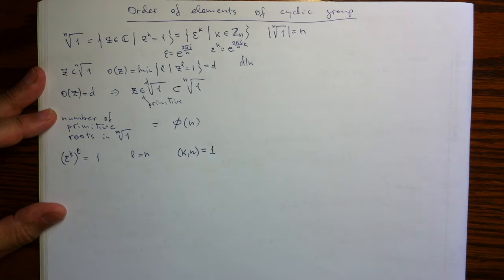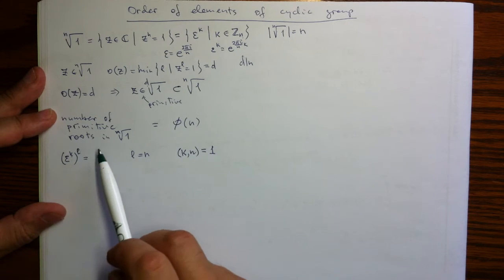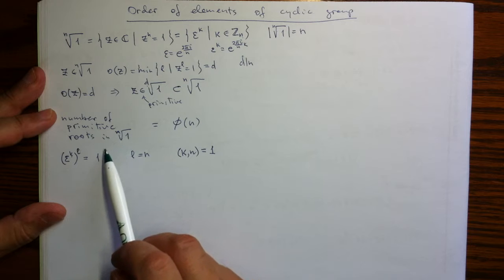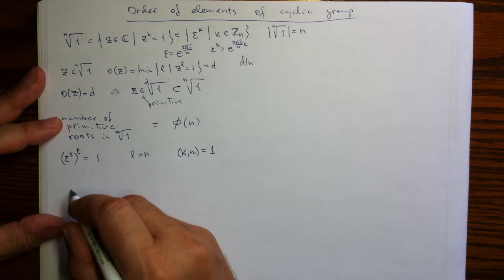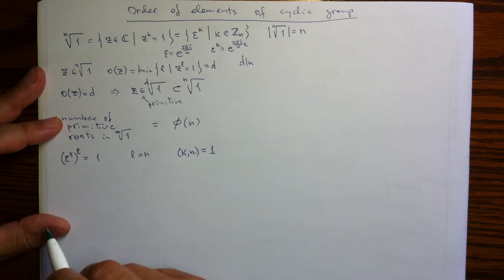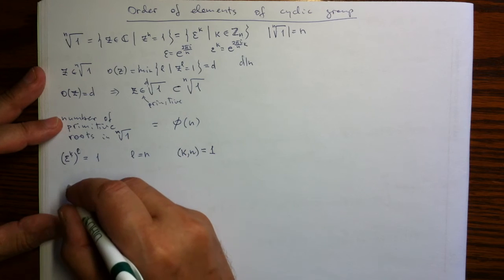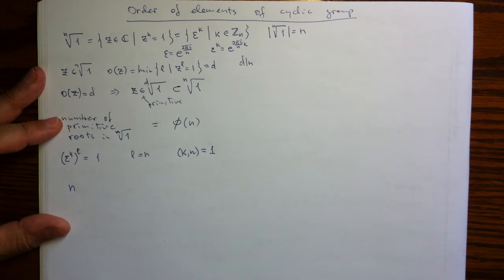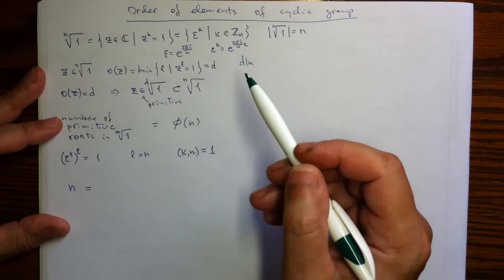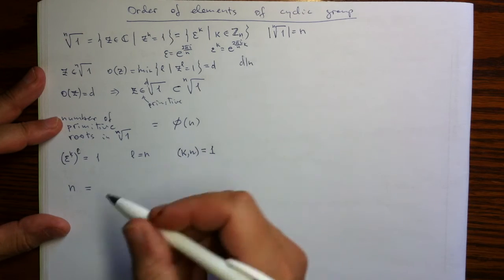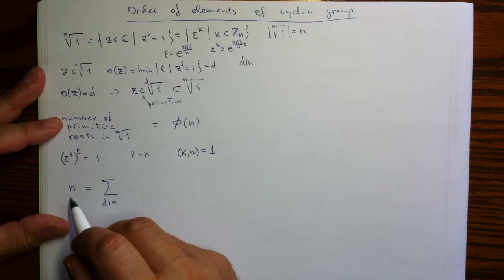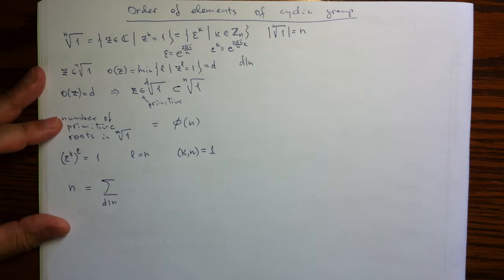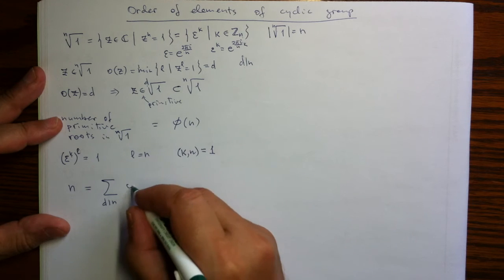So here we have our first counting result, that the number of primitive roots of degree n is Euler's function of n. And here is the second counting result. Let's just see how many times each degree appears. So the total number of roots of degree n is n, and then for any divisor d we can expect roots of degree d inside roots of degree n, and looking only at primitive such roots, the number of them will be Euler's function.